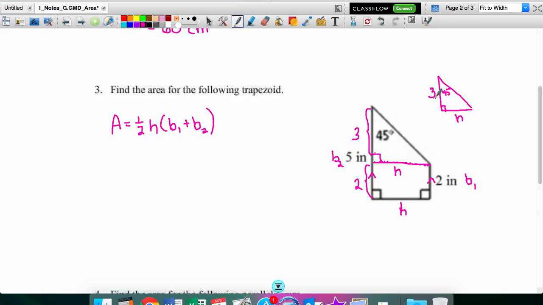And it turns out that in a 45, 45, 90 triangle, the legs will always match, so that means that our height is going to be 3. So now we have our bases for our trapezoid and our height for our trapezoid, and we're ready to plug in our formula. If you need to, in your notes, you might want to go ahead and make a note to yourself that the legs match in a 45, 45, 90 triangle.